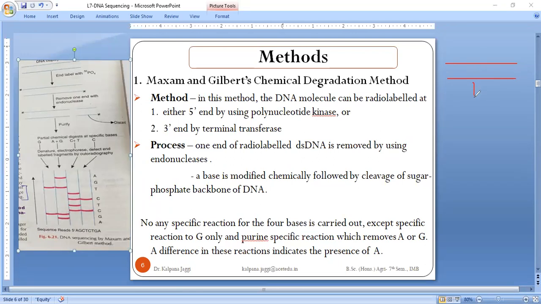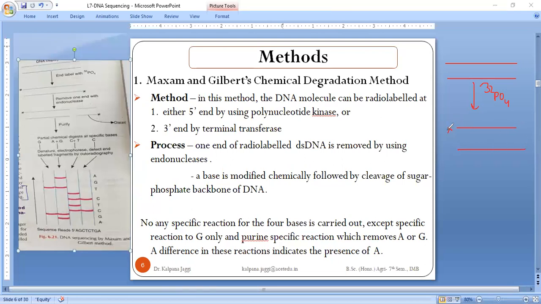So this is the DNA, and it is radio labeled, and here labeling is being done with 32 phosphate, right? Here I am showing the labeling with the stars.